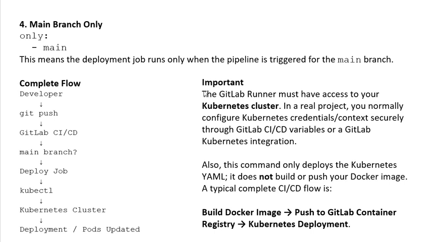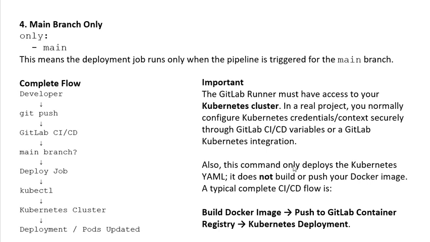Importantly, the GitLab runner must have access to your Kubernetes cluster. In a real project, you normally configure Kubernetes credentials and context securely through GitLab CI/CD variables or GitLab Kubernetes integration.